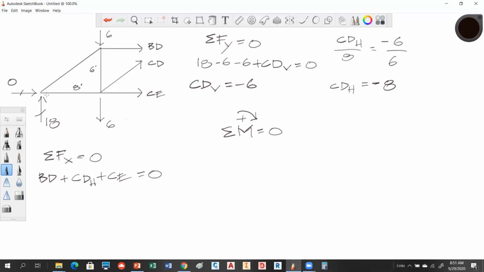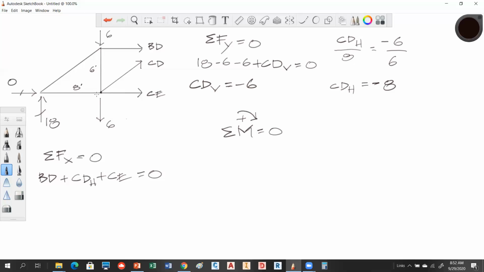Anybody have a suggestion? C, right here. Yeah. What's good about that is the line of action of CE runs through the moment, the line of action of CD runs through the moment, and BD is going to be resolved. Now we're going to lose 6 and 6, but we'll still have 18. So C would be an ideal place.